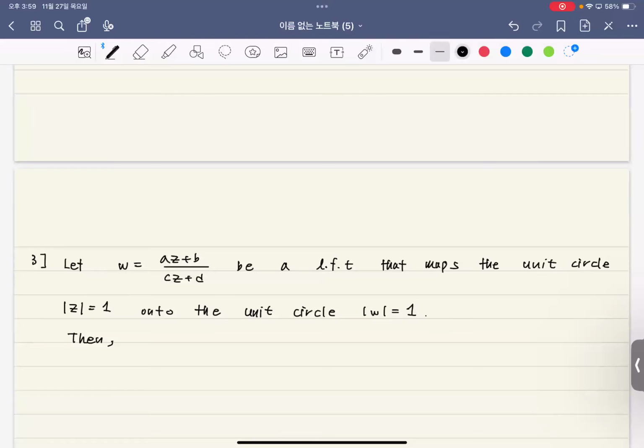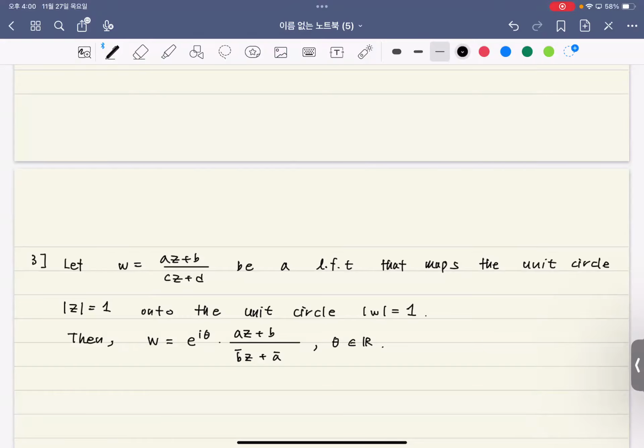Then in this case, I must be able to write down this linear fractional transformation in this form: (AZ + B)/(B̄Z + Ā). So the patterns of these four numbers are interesting.